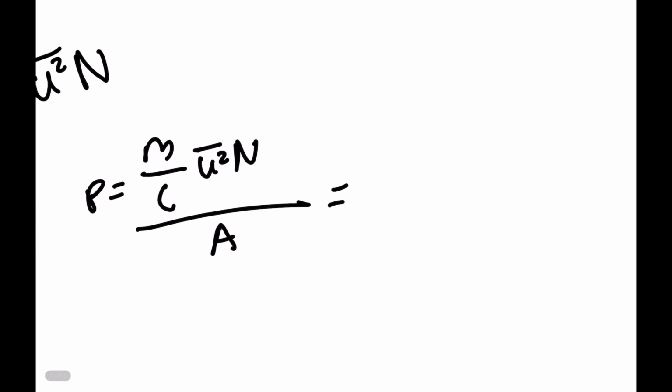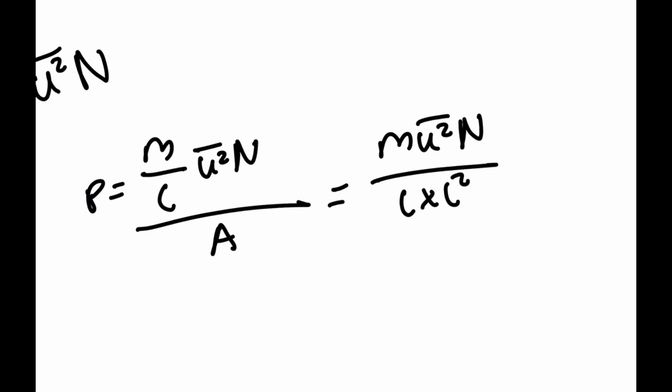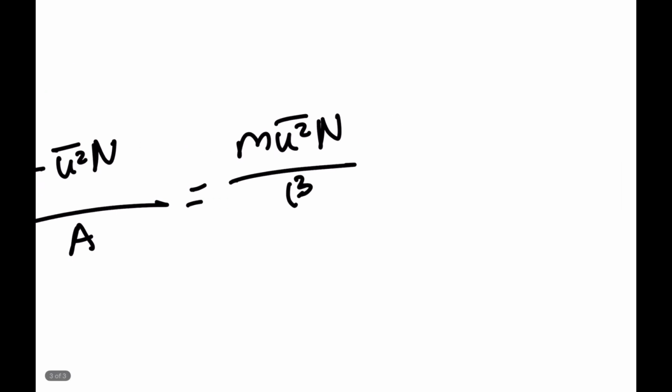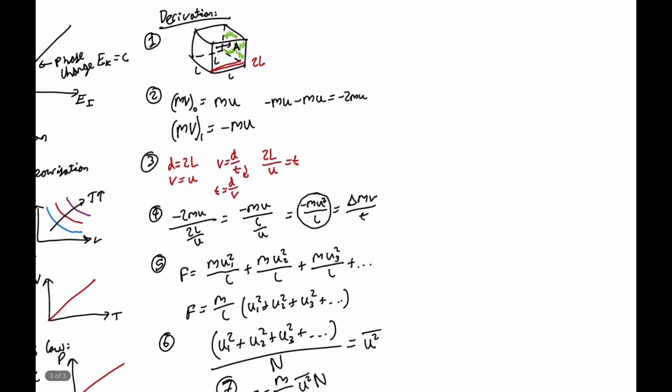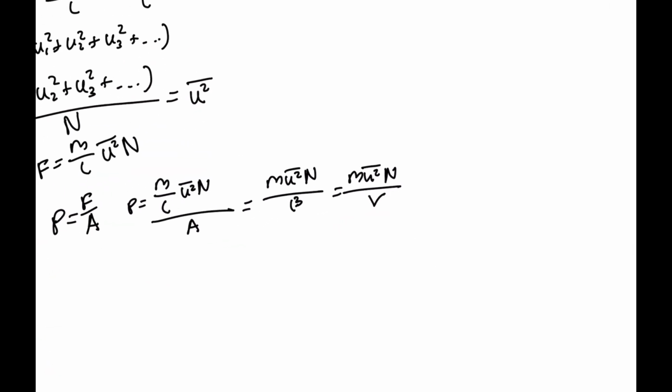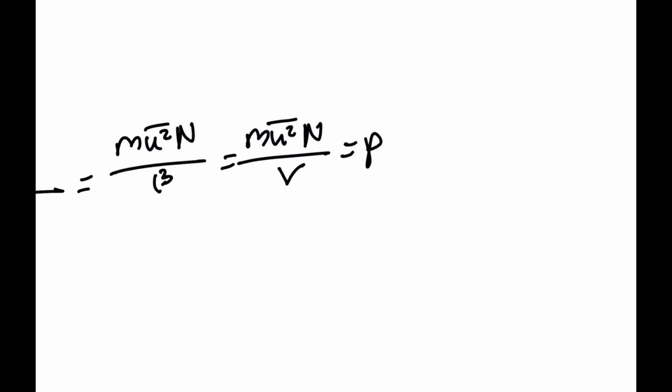And so we can just write m u bar squared N over L times L squared, which is just L cubed, which is equal to m u squared N over the volume, because L times L times L is the volume of the box. So now we have an expression for the pressure. This is very convenient to have.